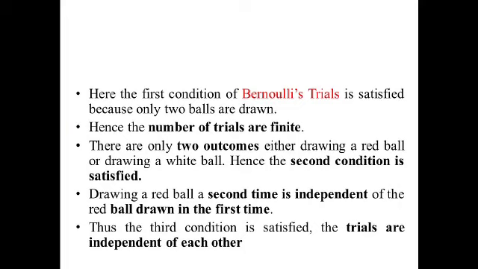So the second condition is also satisfied, proving that this example has a dichotomous alternative. Now the third one, the trials have to be independent of each other. Drawing a red ball the second time is independent of drawing a red ball in the first draw, because the ball was replaced. They are independent of each other.